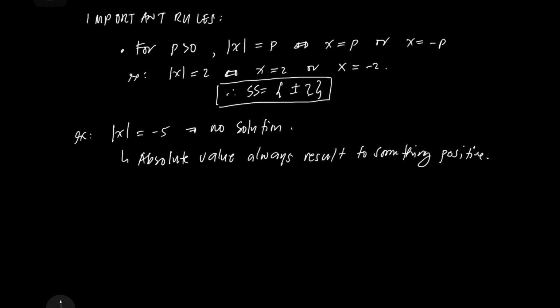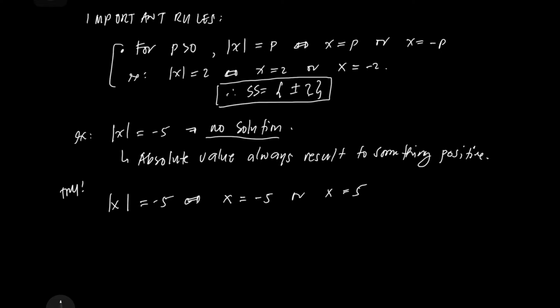Now, assuming we forget that concept and we still want to apply this rule here, just assuming, let's try to check if it really has no solution. So the absolute value of x equals negative 5, and then we have x is equal to negative 5 or x equals 5.